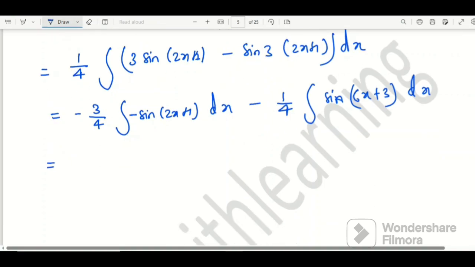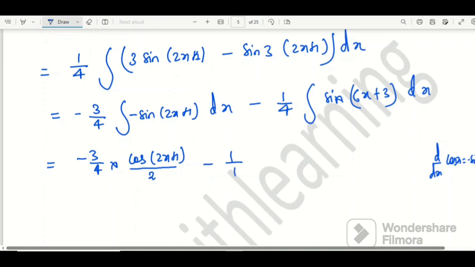Again we'll be using that the differentiation of cos x is minus sine x. So the integration of minus sine x will be cos, and for cos(2x plus 1), since 2 is multiplied with x, we'll divide by 2. Now 1 upon 4, again I'm taking this minus inside.